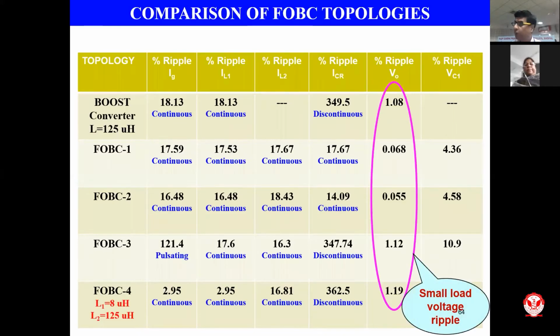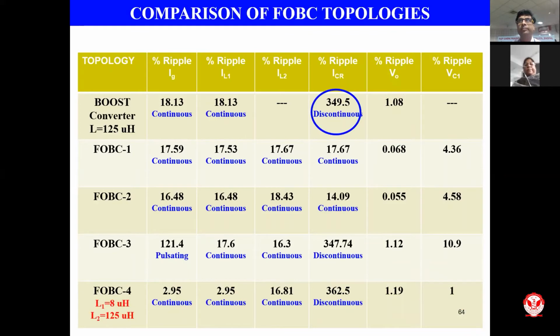Interestingly, the peak to peak ripple or the load voltage ripple is important. Here you see that the load voltage ripple in a conventional boost converter was somewhere around 1.1%, but in the other two converters it was quite low, 0.068 and 0.055. In the third converter, which was not suitable, it was again high, and also in the fourth converter it was high.